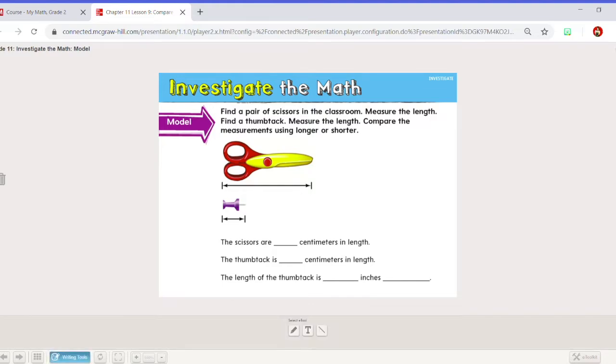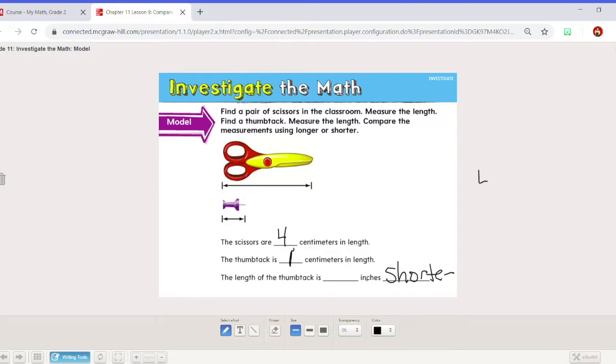So when I measure, I see that the scissors are 4 centimeters in length, and my thumbtack is about 1 centimeter in length. The length of the thumbtack is blank inches. So we want to know how many, so the digit, the number here, how many, a thumbtack, is it bigger or smaller than the scissors? Smaller, so it's blank inches shorter.